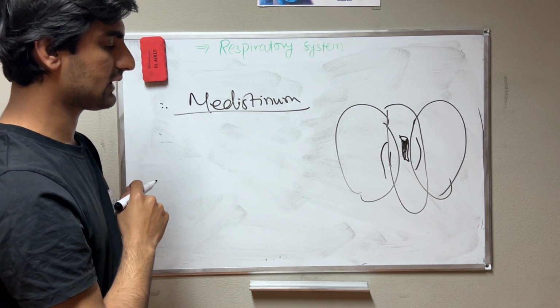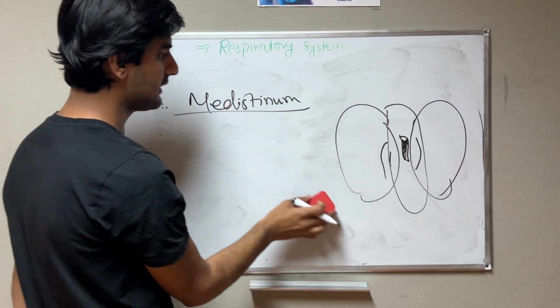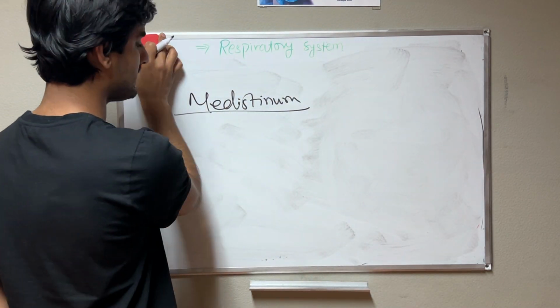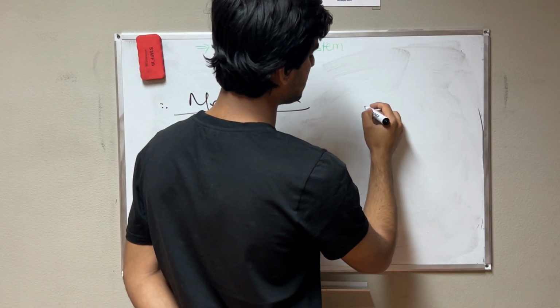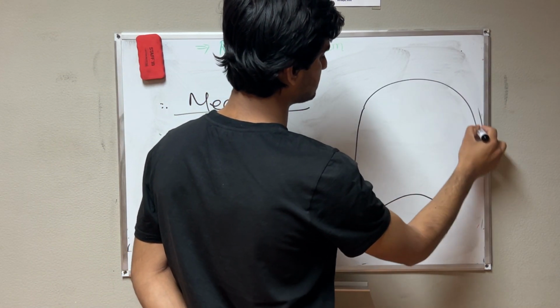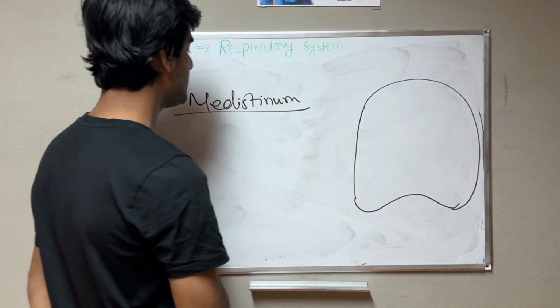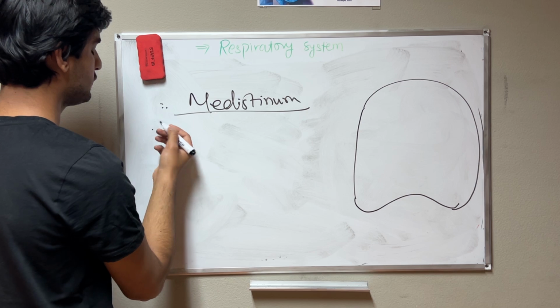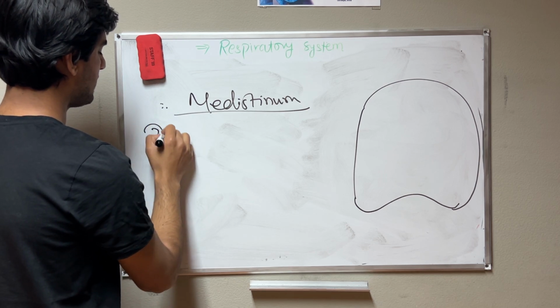For more detail about the mediastinum, it is better to see it from the lateral aspect, like this. Generally we have two parts, two types of mediastinum.